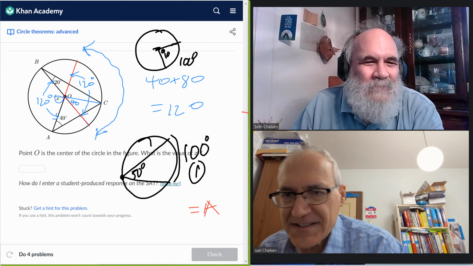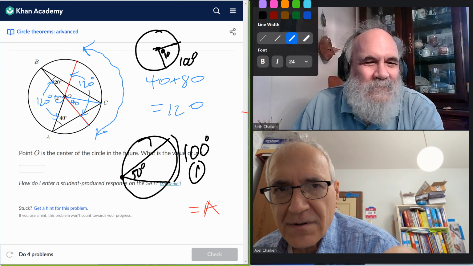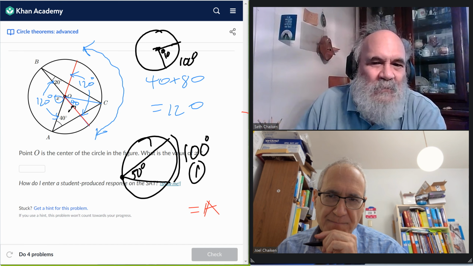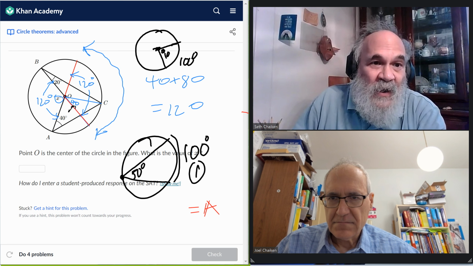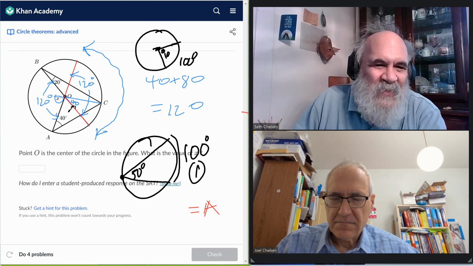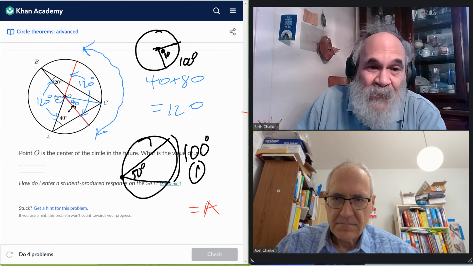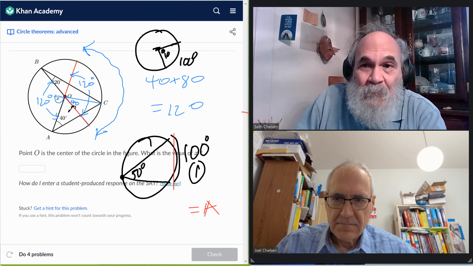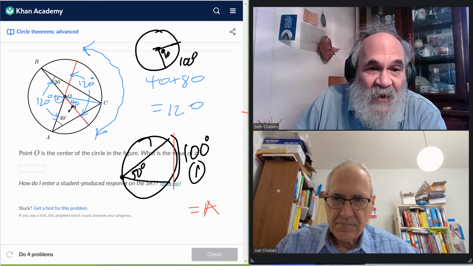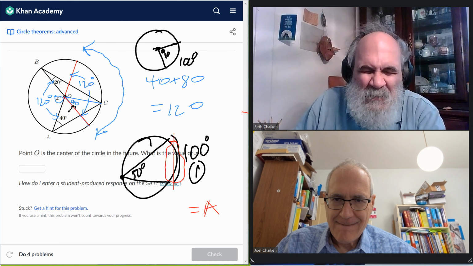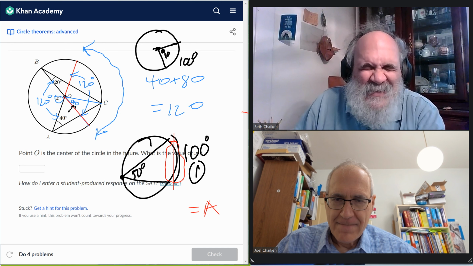You never really had to know that this was 40, did you? You never really needed to know that was 40. Well, I wanted to know that because I wanted to be aware that when you drew this angle measure around an arc, how is an arc, a curve, able to have a measure that's an angle?